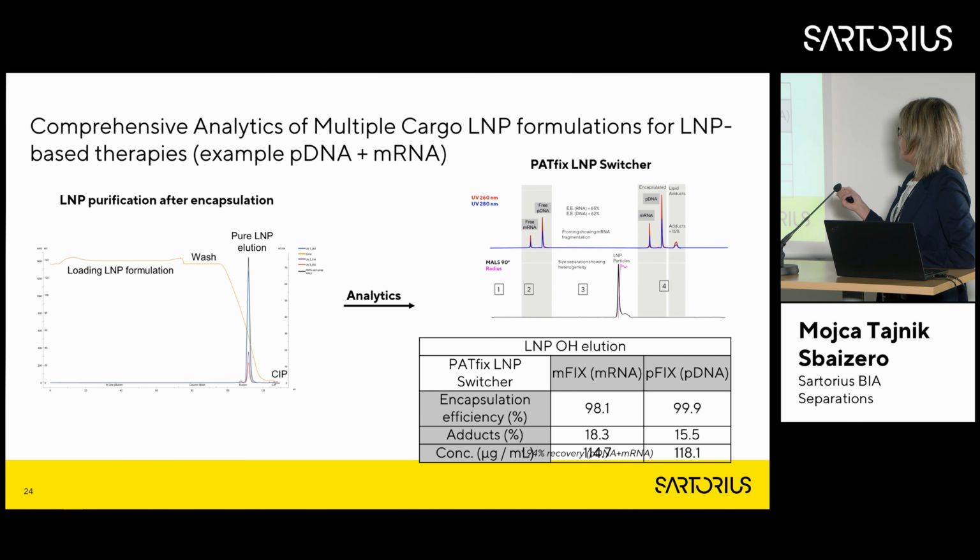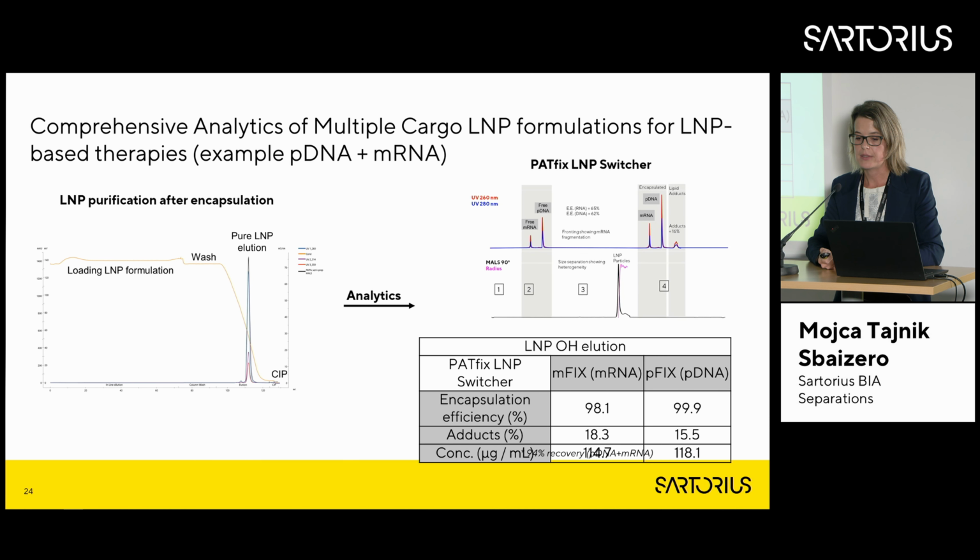And we can also follow the encapsulation efficiencies for each separate nucleic acid. We see here mRNA and here the pDNA, so there was no difference. Both were well encapsulated. Adducts separate, which are coming from the mRNA and which are coming from pDNA, and also the concentration of each of the nucleic acids inside the population of this specific LNP purification.